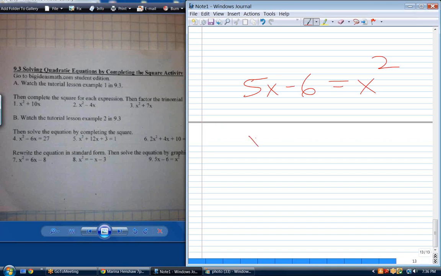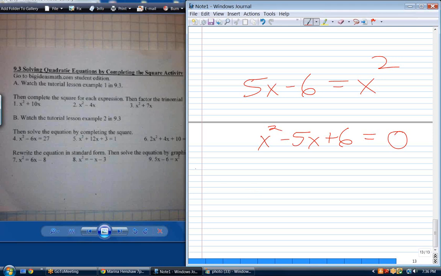Subtract negative 5 plus 6. Read me the next line. 0 equals x squared minus 5x plus 6. Let's put the 0 on the right, like that, rather than starting off with the 0.